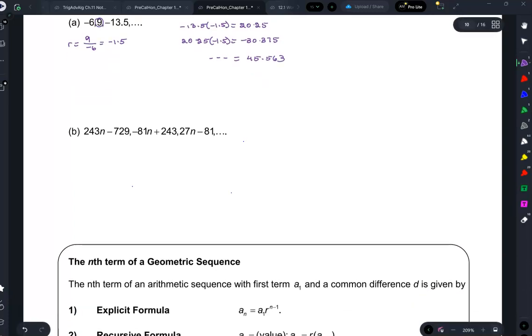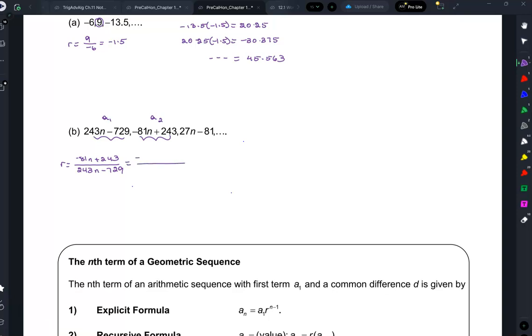Right. So what about this one? Here we have an expression. This is A1, this is A2. So R will be A2 over A1, negative 81n plus 243 over 243n minus 729. Well, let's see.